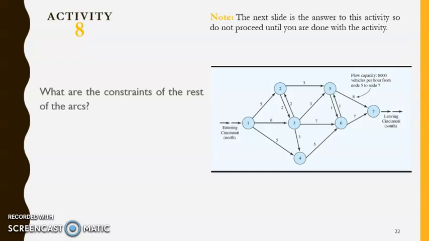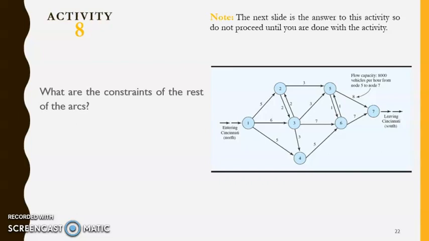And the other activity says: what are the constraints for the rest of the arcs? So you need to check all the decision variables that you have and write the constraint for each of them, and all of them are the same. For example, x25 equal or smaller than 3, or x57 equal or smaller than 8, x46 equal or smaller than 5.